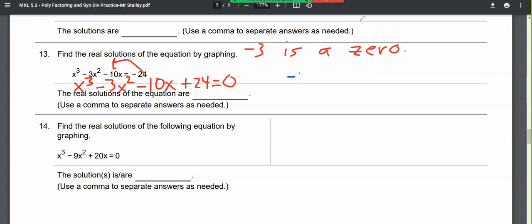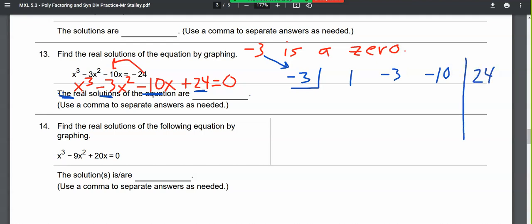Okay. Put the -3 right in the little box and write down your coefficients. We got 1 out here, -3, -10, and 24. Okay, so we separate the last column.